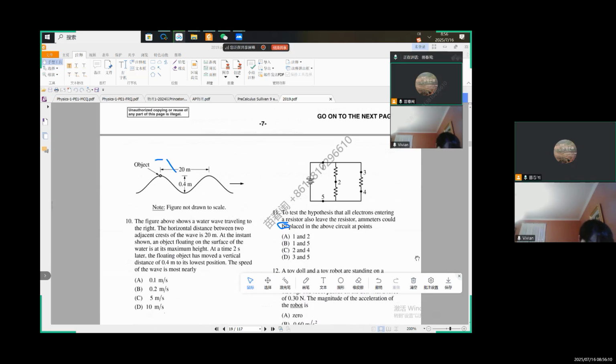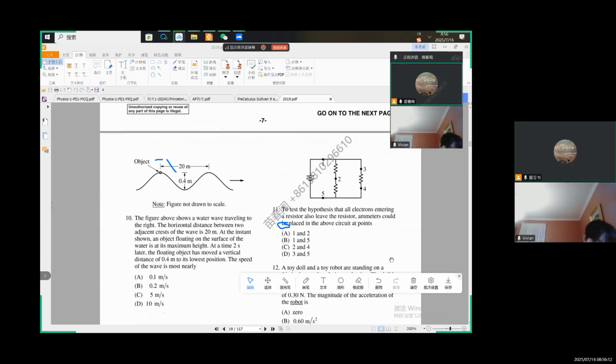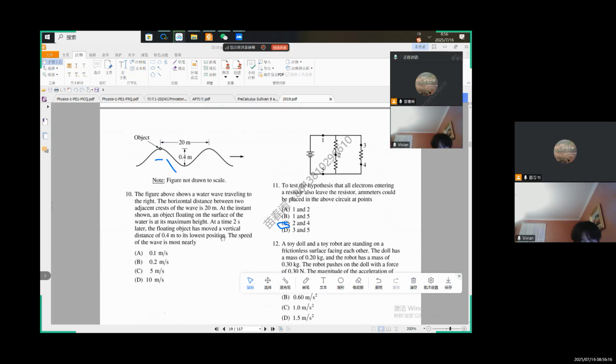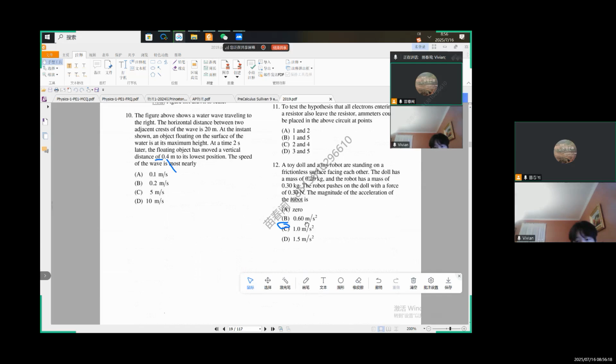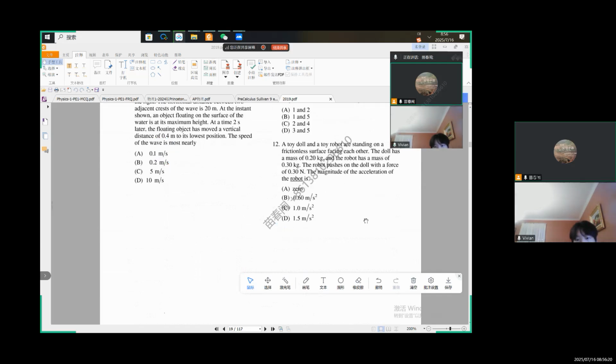Let's see, 9. Wait, not 10. 12. A toy doll and toy robot are standing on a frictionless surface facing each other. Oh, this is like before.